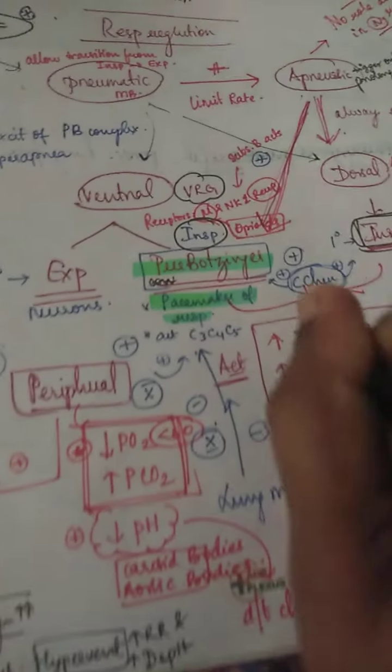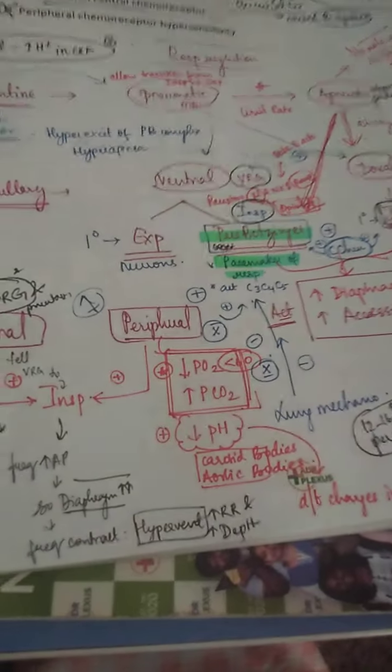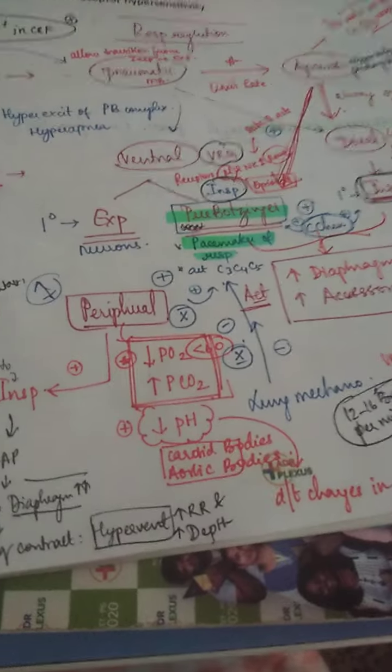So there's no more potassium inside. So the dopamine will remain inside the glomus cells. The dopamine is not going to activate the 9th and 10th nerve. So there will be a decrease in action potentials, and you will have shallow and slow breathing in case of metabolic alkalosis. So this is what happens in respiratory regulation.